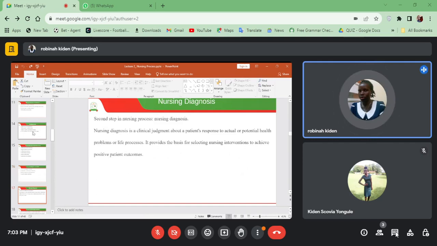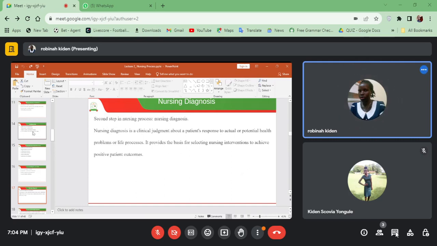It provides the basis for selecting nursing interventions to achieve positive patient outcomes. So after collecting all the data in the assessment, we need to identify what exactly is wrong with the patient, and that is the nursing diagnosis in simple terms.